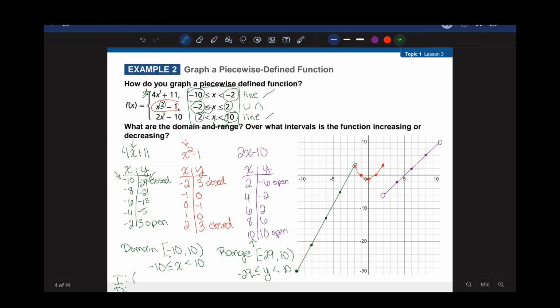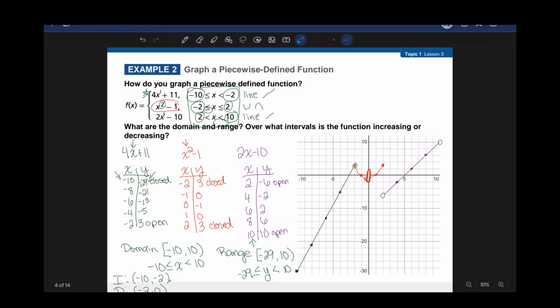So we're increasing from an x value of negative 10 to an x value of negative 2. Then from there, it starts going down until we get to an x value of 0. So I am decreasing from negative 2 all the way to 0.